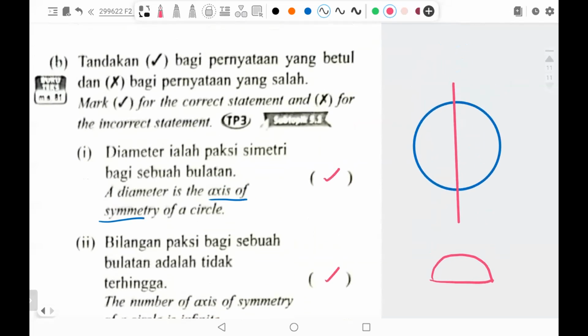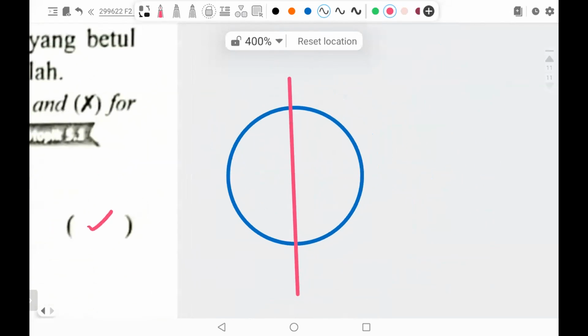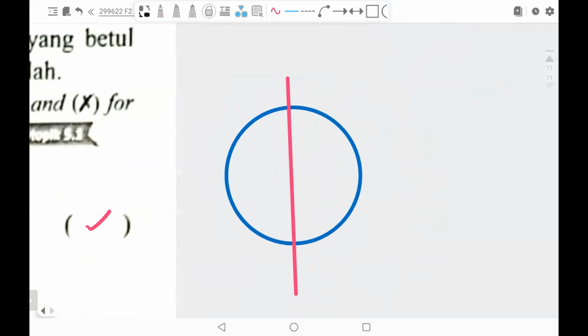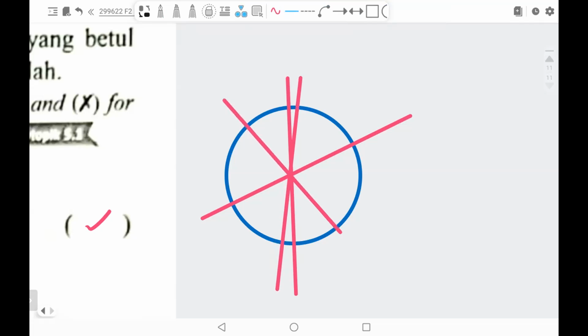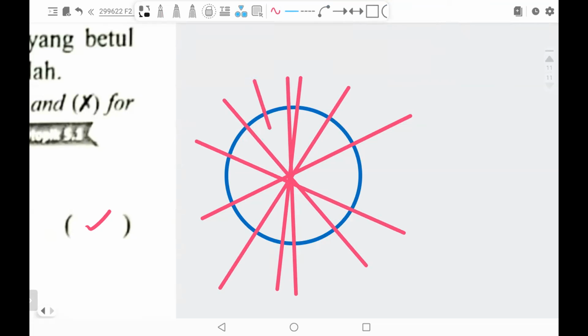You see, I draw the diameter. You count how many for me? Okay, diameter. Then like this also diameter. Diameter. Diameter. Count how many? I count, later you answer me how many? As long as you can form a diameter, then it will be an axis of symmetry.